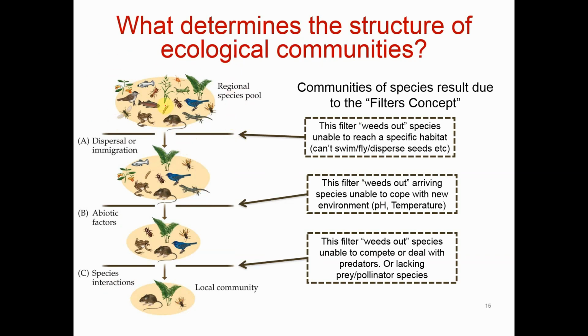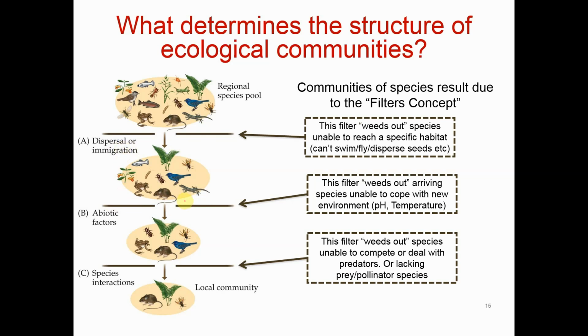First of all, each individual species has to pass through the dispersal or immigration filter. This filter weeds out species that are unable to reach a specific habitat, i.e. they can't swim, fly, disperse seeds, or something like that. What we're left with after the dispersal filter is the group of species that are able to reach our focal location.